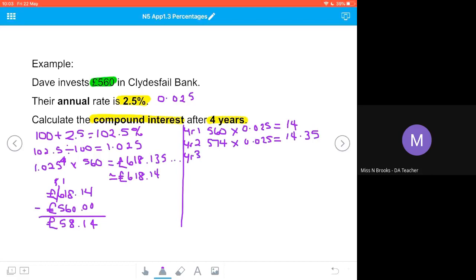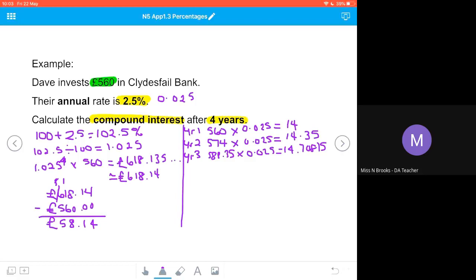And so we're going to start off with £588.35 at the beginning of year 3 and apply our 2.5% interest. And that gives us 14.70875. And it's important not to round in the middle of these calculations. Use the answer button on your calculator.